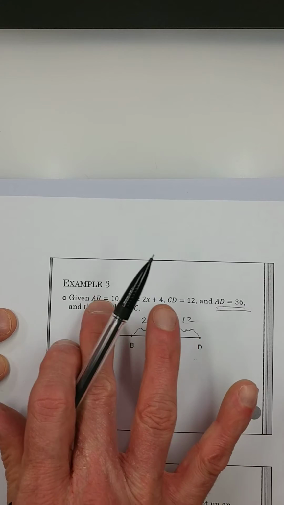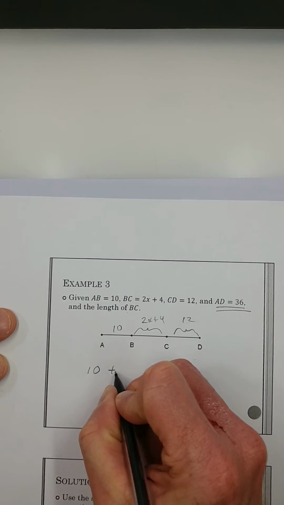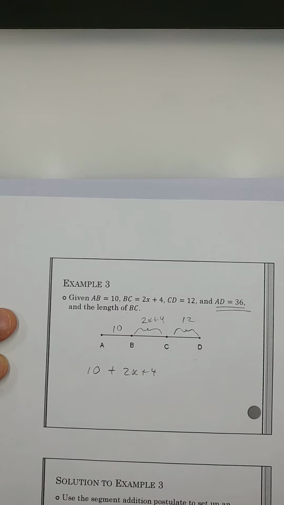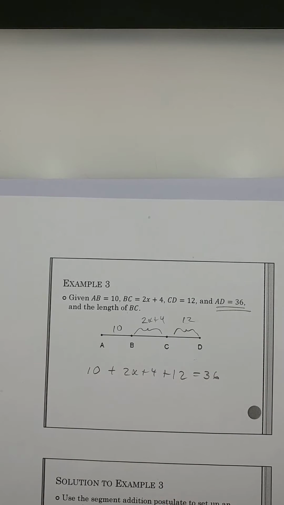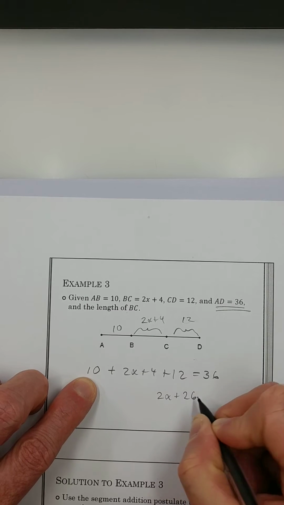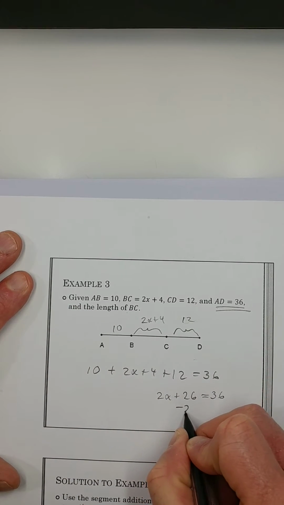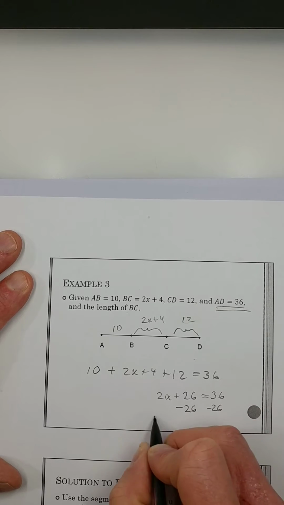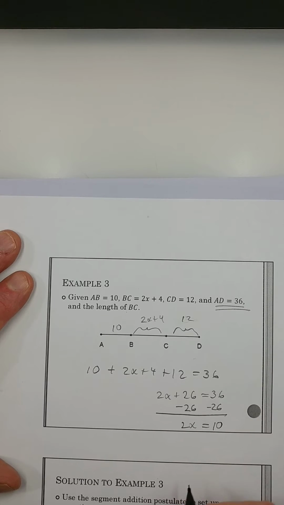And again, we can just do the segment addition postulate. Adding up the 3 segments should give you the entire length of the segment. So 10 plus 2x plus 4 plus 12 equals 36. So 2x plus 26 equals 36. Taking away 26 gives me 2x is 10.